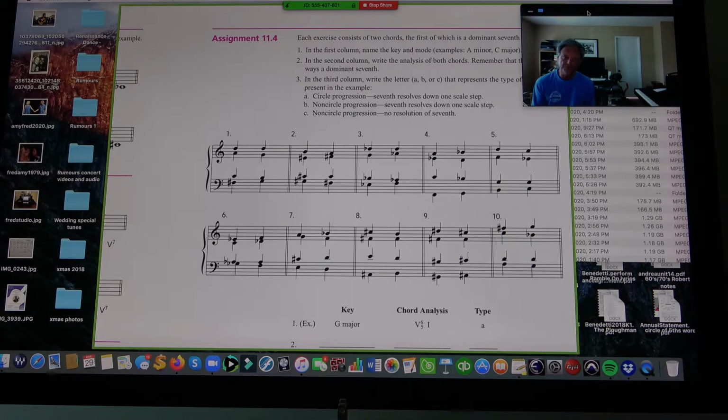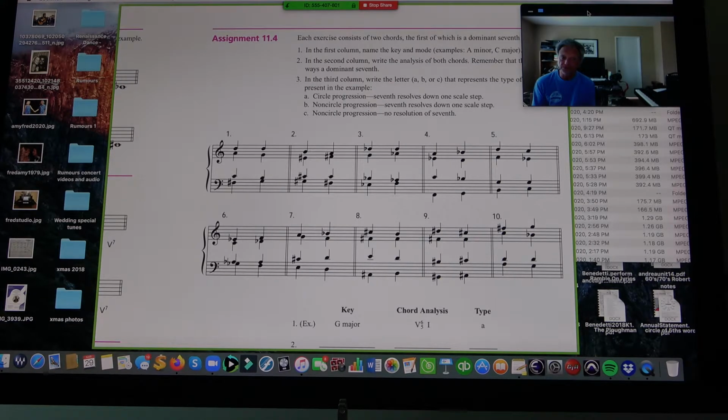The first is a circle progression and the 7th resolves down. That's your typical one, and they're calling that A in the bend word. Then B is non-circle progression, a dominant 7 chord resolving to not a 1 chord, but a non-circle.